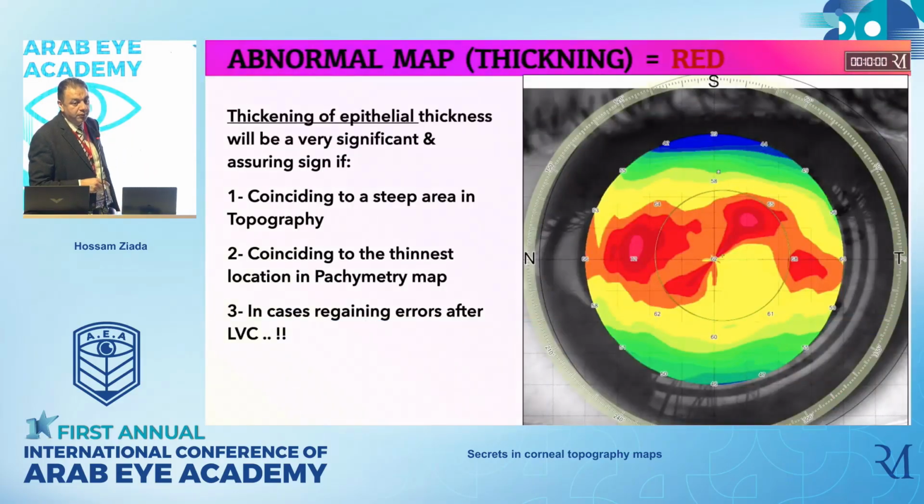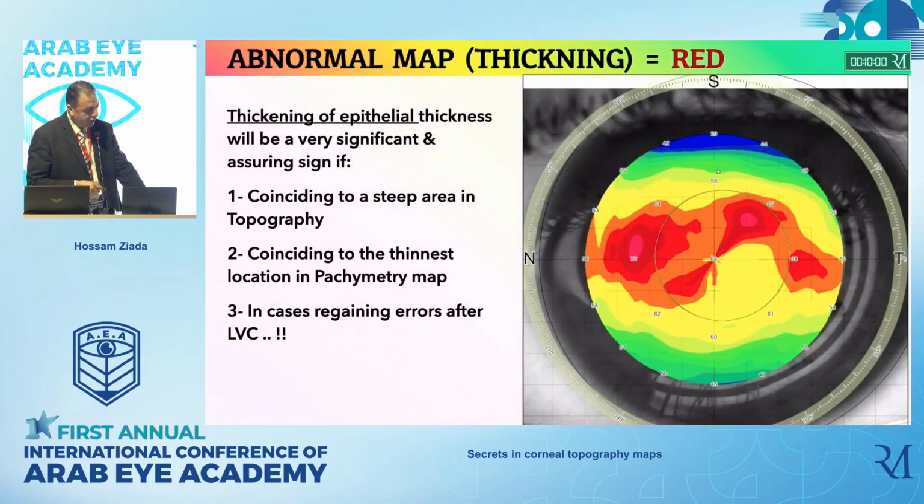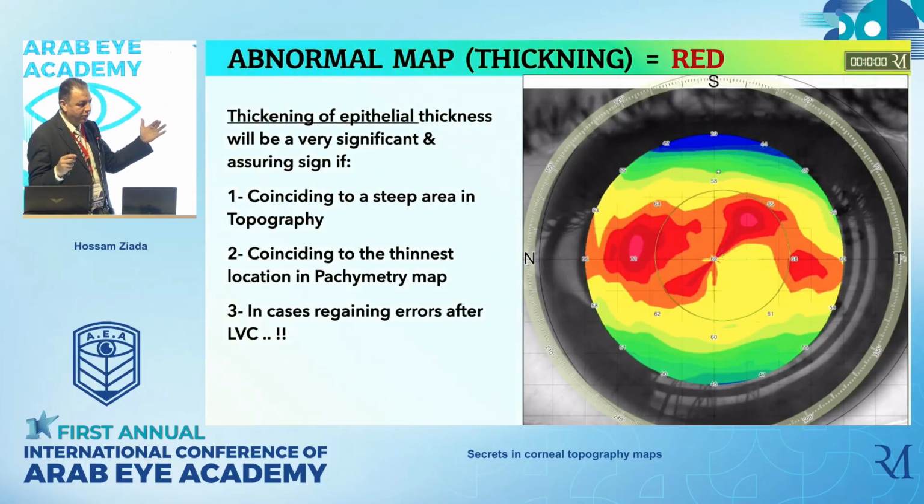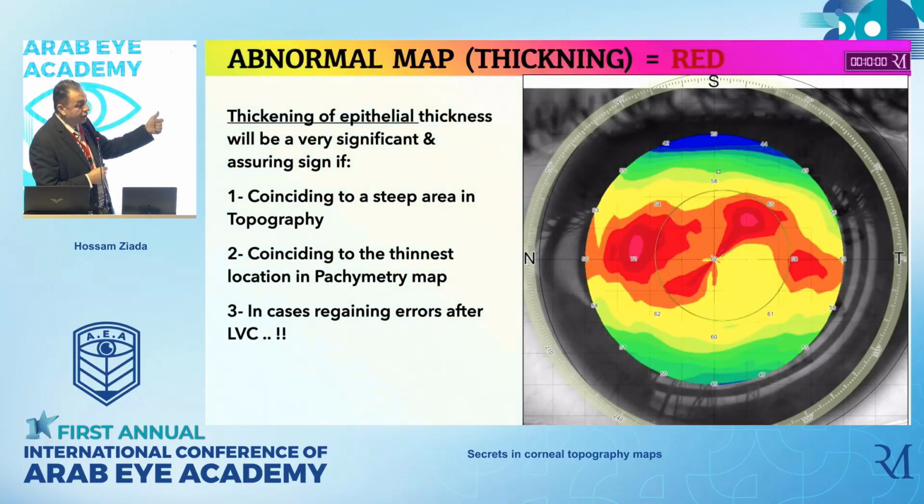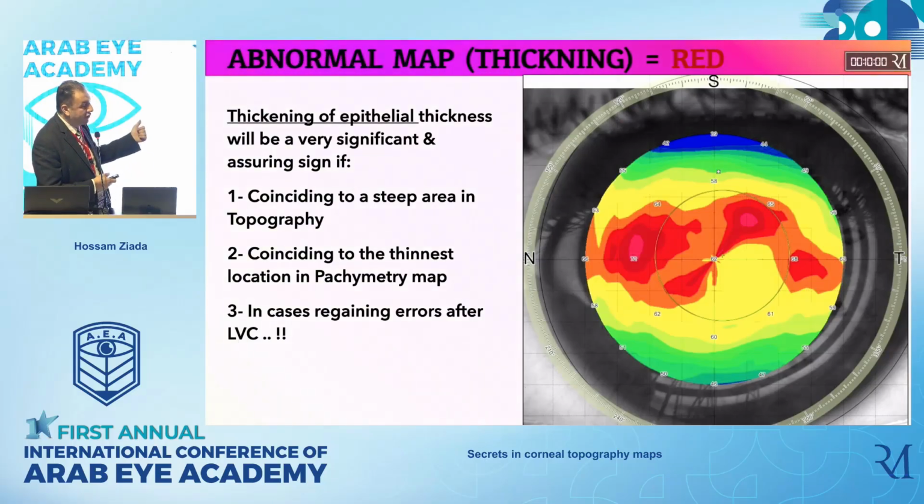It's blue in color, but red in nature. Actually, the reverse is the red color of the epithelial thickening, which is a thick part of the epithelium with a normal stroma. So it's red in color, but very green in nature. It's because of thickening.